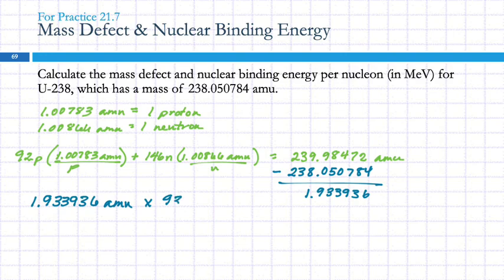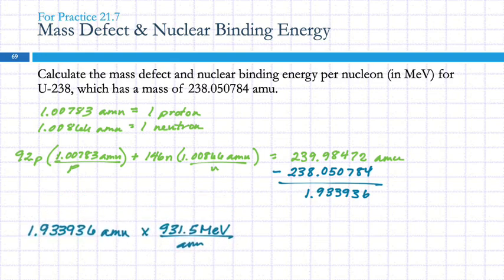It's 931.5 per atomic mass unit. And then we're going to divide that by the number of nucleons. How many nucleons? 238.